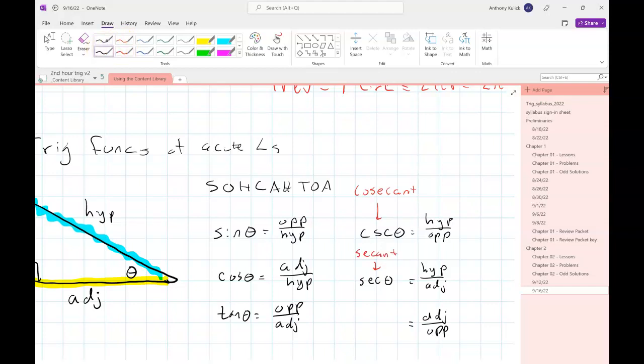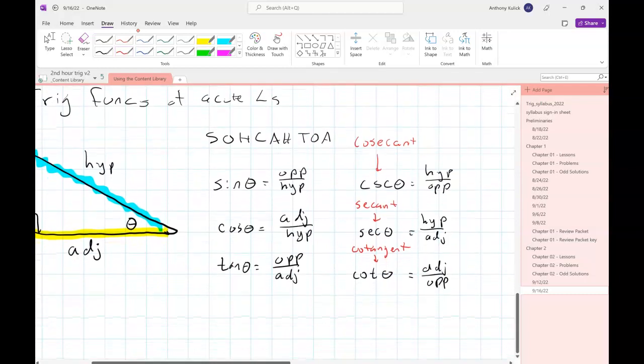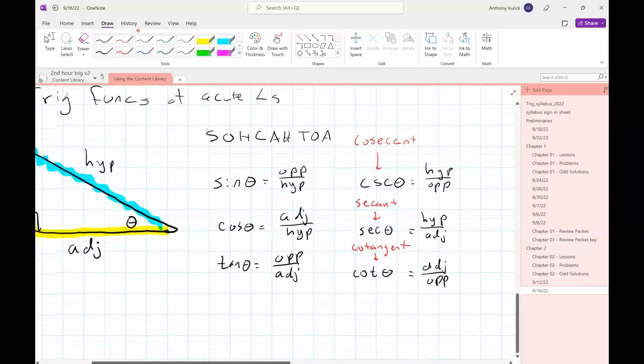And then adjacent over opposite we're going to call cotangent theta. So we actually are going to have 6 trig ratios that we'll use. But Mr. Kulik, how am I supposed to remember these other 3 now?